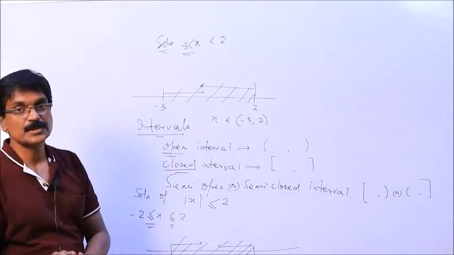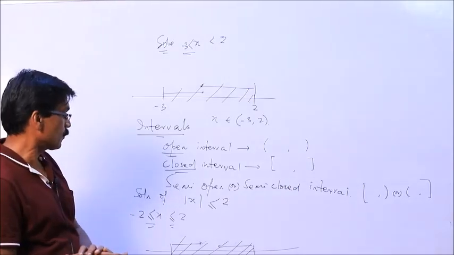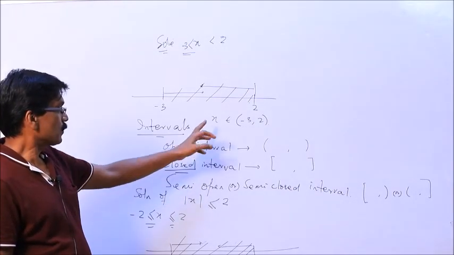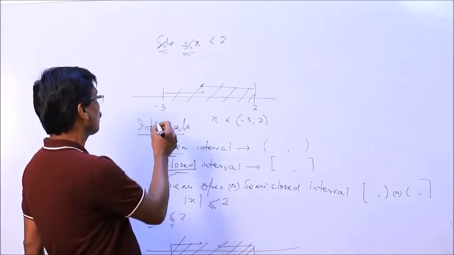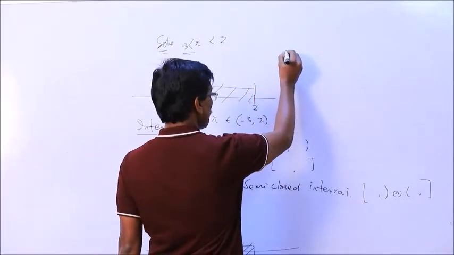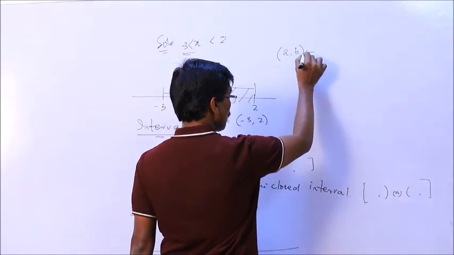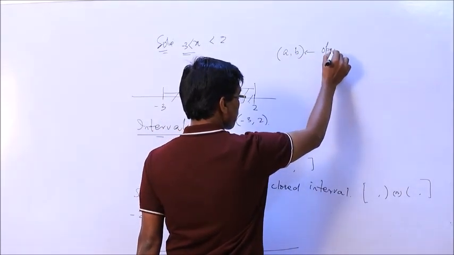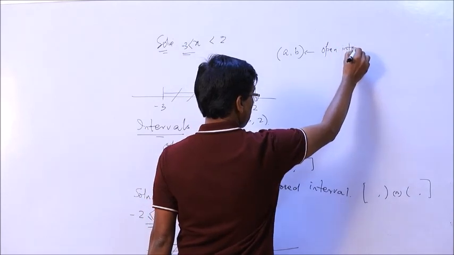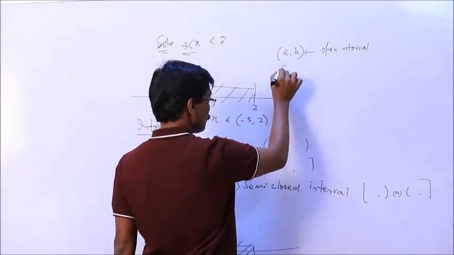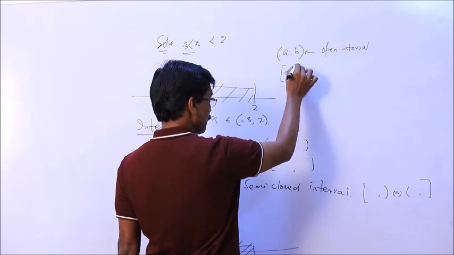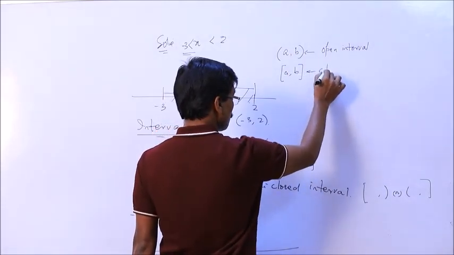So, what is the difference between closed and semi open interval? These points are called end points. Suppose we have (a, b), which is an open interval, and [a, b] is a closed interval.